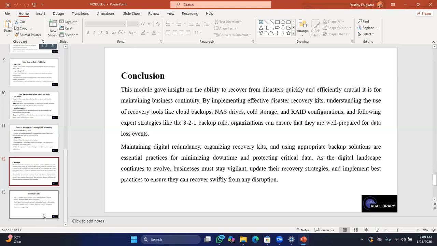Managing data redundancy, ensuring recovery kits, and using appropriate backup solutions are essential practices for minimizing downtime and protecting critical data. As the digital landscape continues to evolve, businesses must stay vigilant, update their recovery strategies, and implement best practices to ensure they can recover swiftly from any disruption.